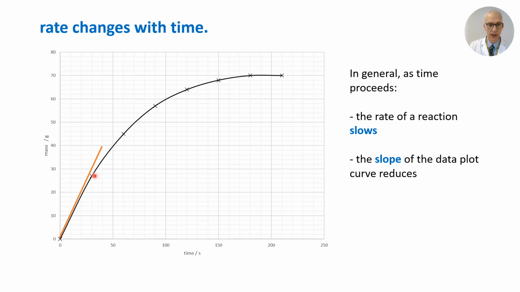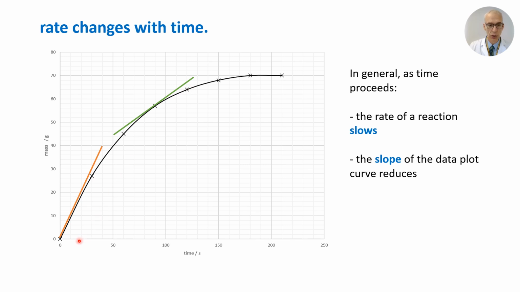We can see the line has a certain steepness, a certain gradient. If I drew another tangent to the curve at 90 seconds, again, this line is touching the curve at one point. It is a tangent. That point is at 90 seconds. We can see that the gradient or the slope of that tangent is less.